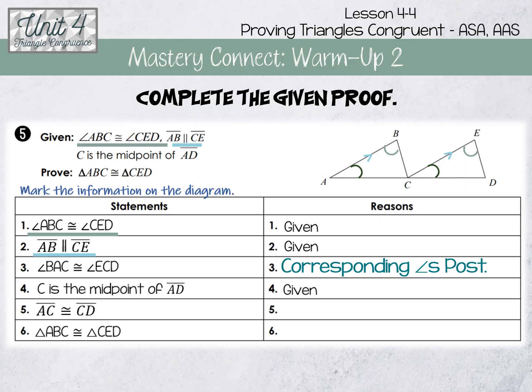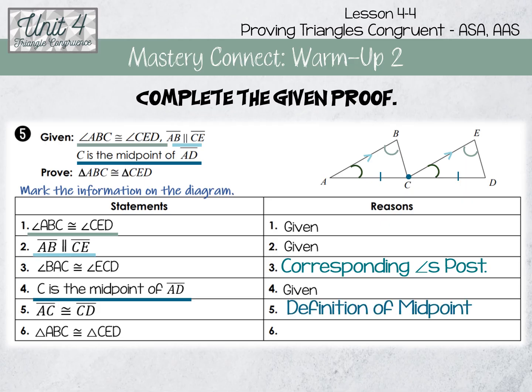It's not the converse because we are starting with parallel, not ending with parallel. C is the midpoint, another part of what is given. There it is. And if it is the midpoint, then we know those two segments are congruent, and that is step 5. Segment AC is congruent to segment CD. That is by definition of midpoint.